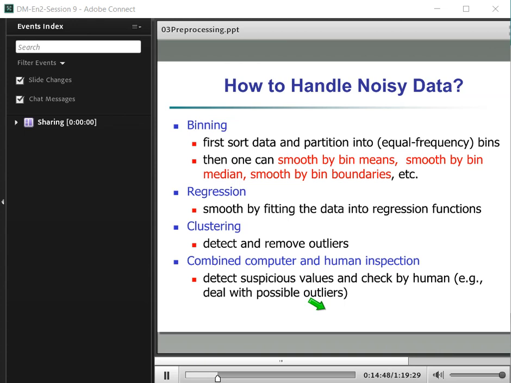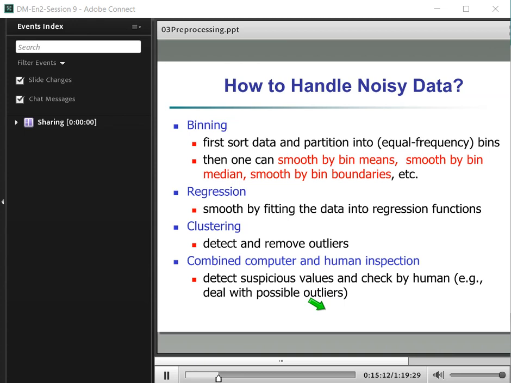All of these problems make noisy data. And as I said, noisy data will affect my data mining results, making them incorrect.